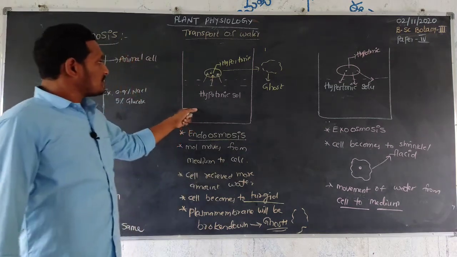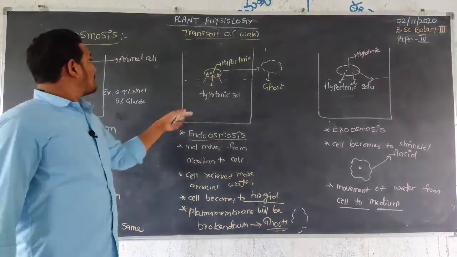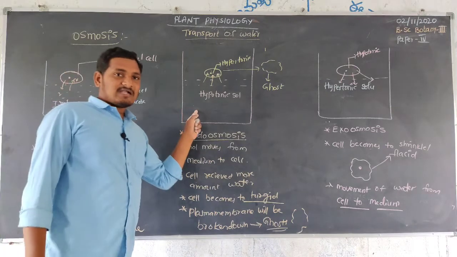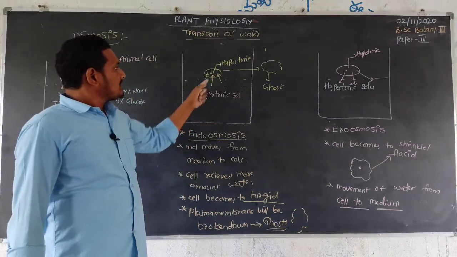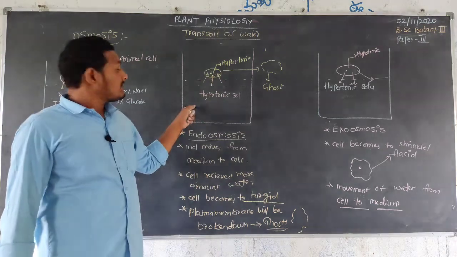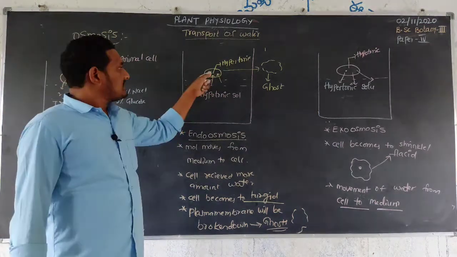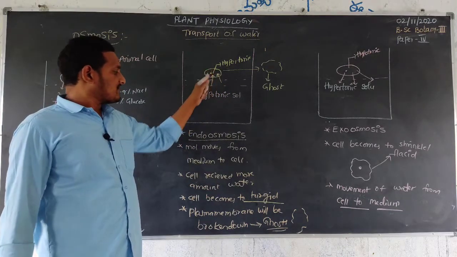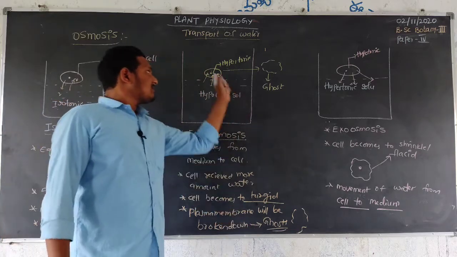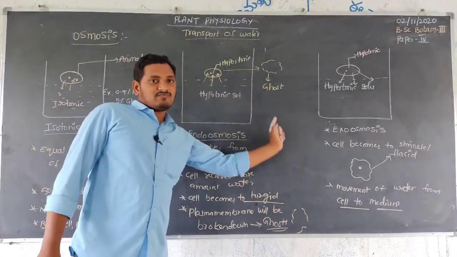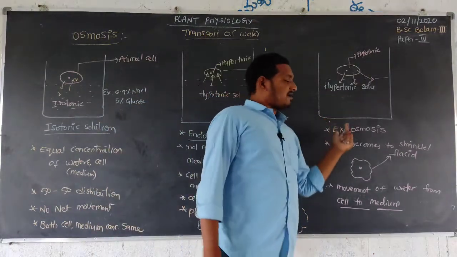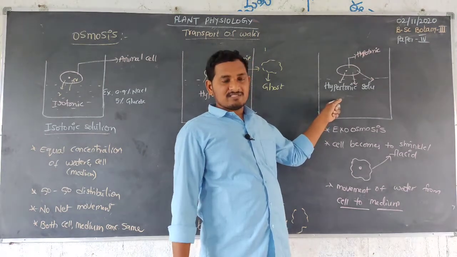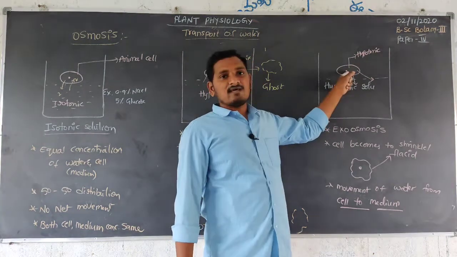Next, hypotonic solution. When our animal cell is kept in a sugar solution or salt solution, what will happen? The outer medium is hypotonic, less concentrated, and inside of the cell is hypertonic. As a result, water enters from the medium into the cell, the cell becomes turgid and the plasma membrane ruptures, forming ghosts. When our animal cell is kept in a hypertonic solution, meaning high concentration, the inside of the cell is low concentrated.